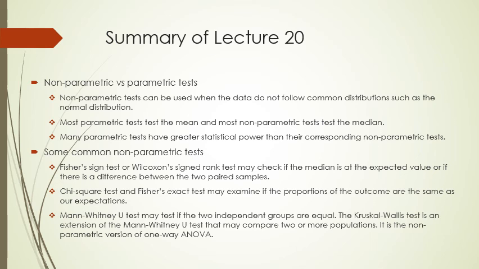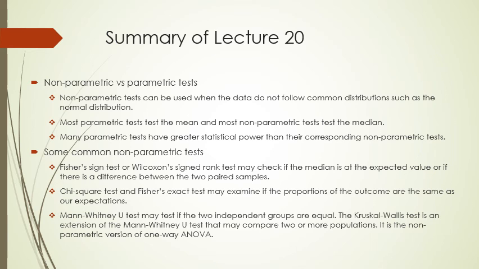We introduced some common non-parametric tests. Fisher's sign test or Wilcoxon's signed rank test may check if the median is at the expected value or if there is a difference between the two paired samples.